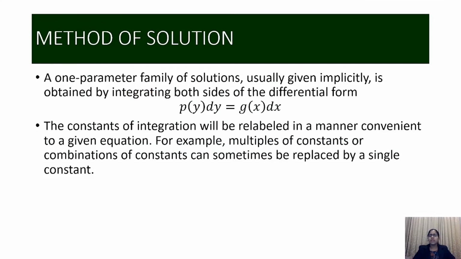It's a very simple process. We just have to find a way to separate the given differential equation into the separable form, into this particular differential form, and then we just have to integrate it, and relabeling of the constant is up to your wish. It's just to make the calculations much easier.